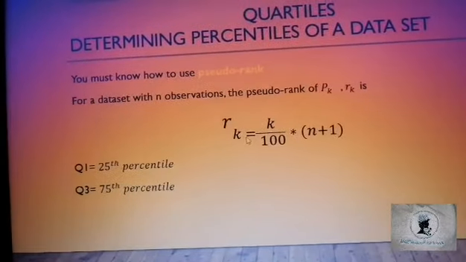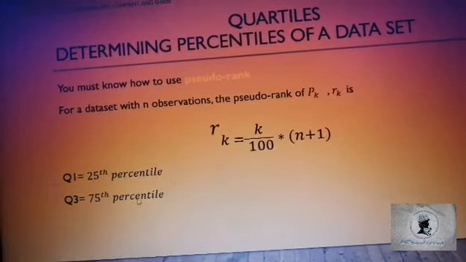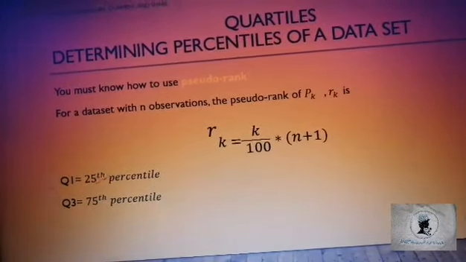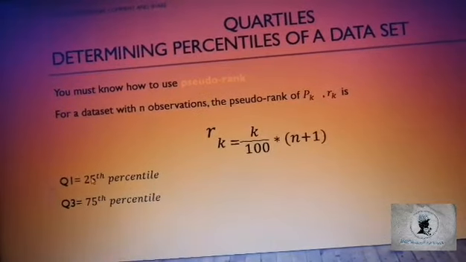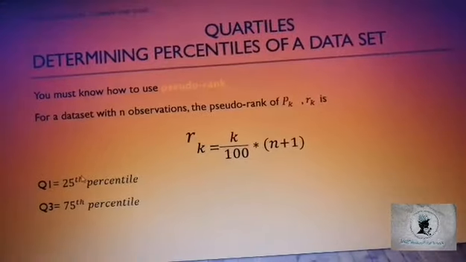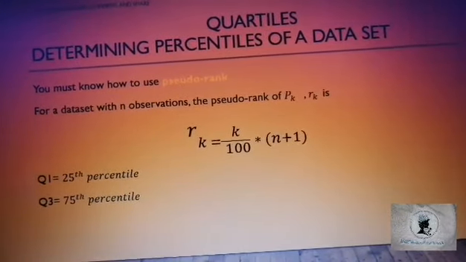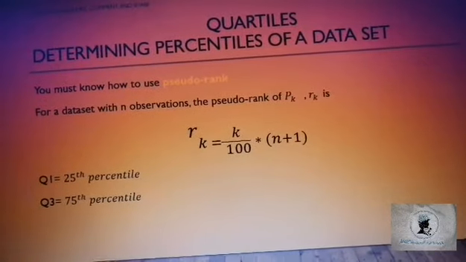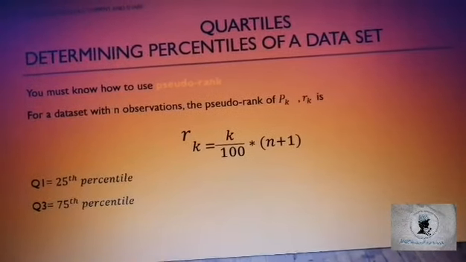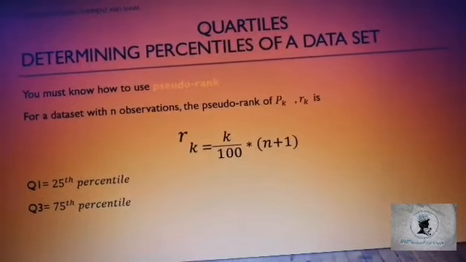I'll be showing you how to determine Q1, and you can try determining Q3 on your own, to keep this video short. Q1 is our 25th percentile and Q3 is our 75th percentile. So I'll be showing you how to use this equation.